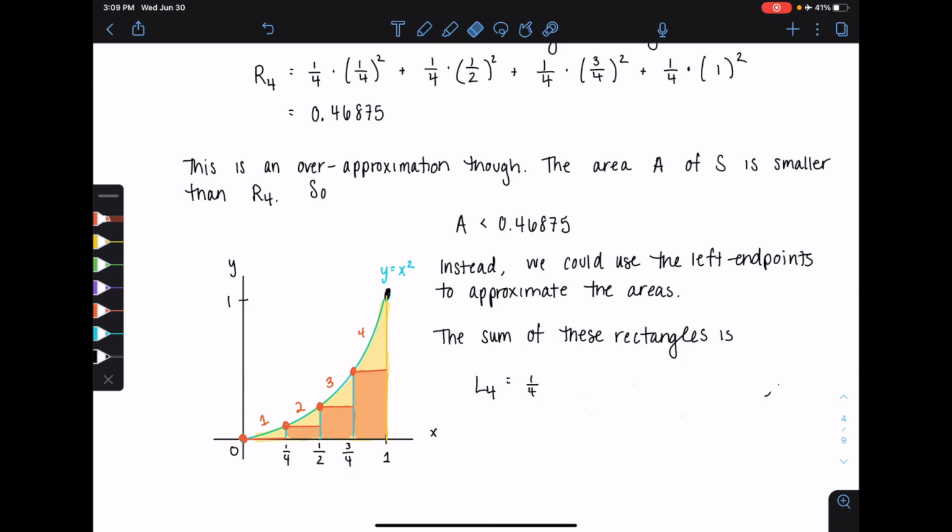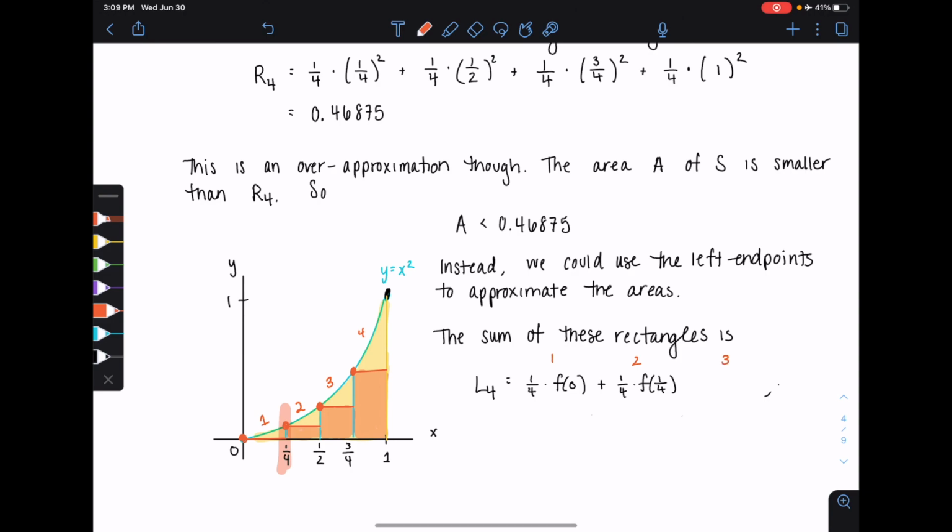My first strip, which is 1, has width 1/4, and its height is my function evaluated at 0 because I'm using the left end point of that interval. To do our second strip, the width is still 1/4, and I'm using the left end point, so I'm plugging 1/4 into the function.